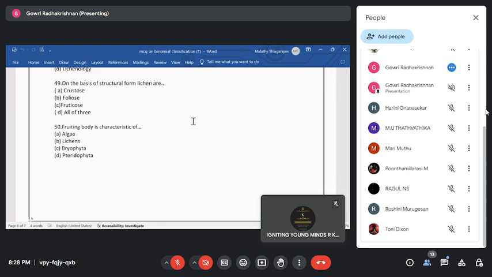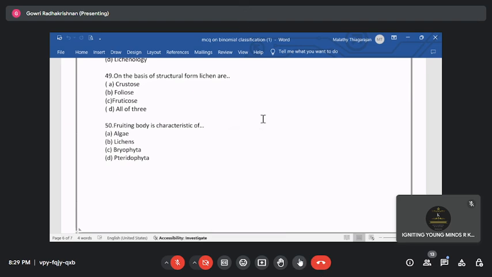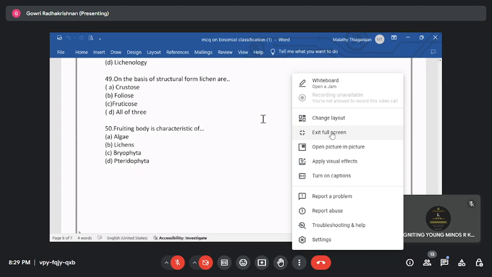So option D is the correct answer. Now 50, and it's the last question for today. Fruiting body is characteristic of? Option D. Algae, ma'am. Option D. Okay.